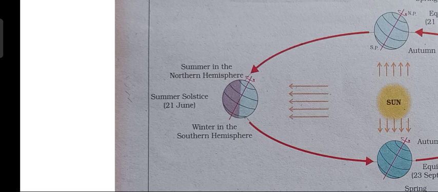And children, since a large portion of northern hemisphere is getting more light from the sun, that is why in the northern hemisphere it will be summer season. So all the countries that lie to the north of equator will have summer season. So on 21st June, northern countries will have summer season.